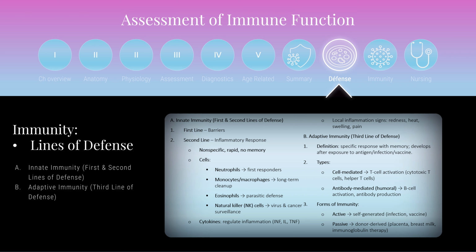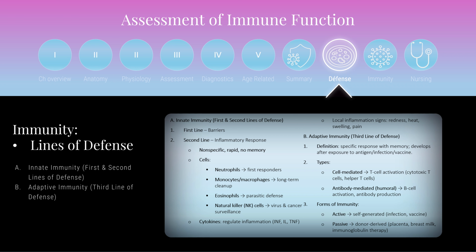We have two types: cell-mediated, with cell activation, the cytotoxic T cells and helper T cells, and antibody-mediated, with B cell activation and antibody production. Those pictures show the stages. And there are forms of immunity, active and passive.